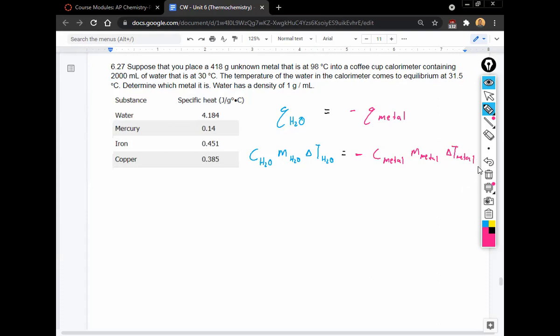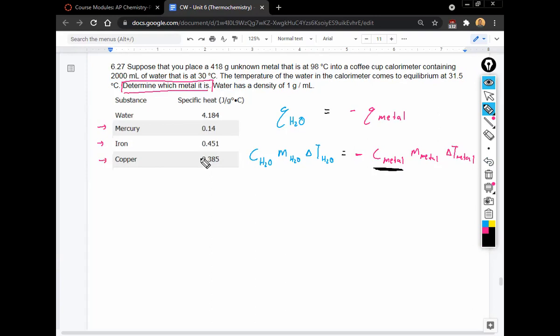Now, the question is asking us at the very end to figure out what metal we put inside of the water. Here we have a bunch of specific heats. We have 3 different metals, mercury, iron, and copper, and it tells us the specific heat. So if we can calculate the specific heat of the metal, we can figure out what metal this is. This is actually what people do in real life.